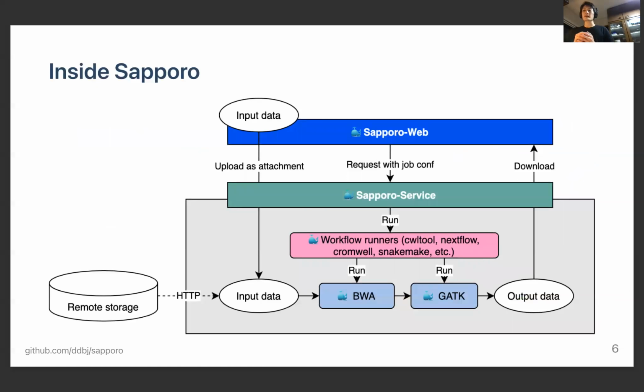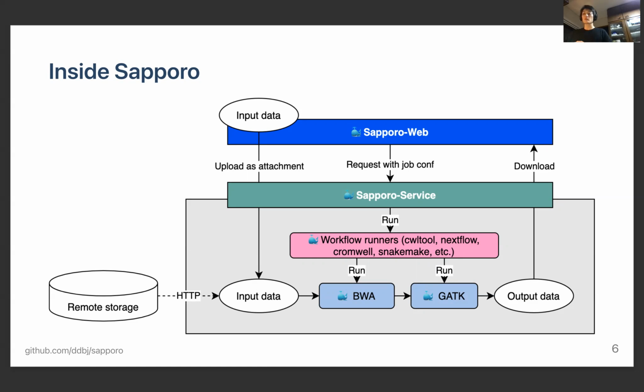This is a diagram of the inside of Sapporo. Sapporo has a browser-based GUI, which is called Sapporo Web. It is implemented as a JavaScript single-page application and hosted on GitHub Pages.